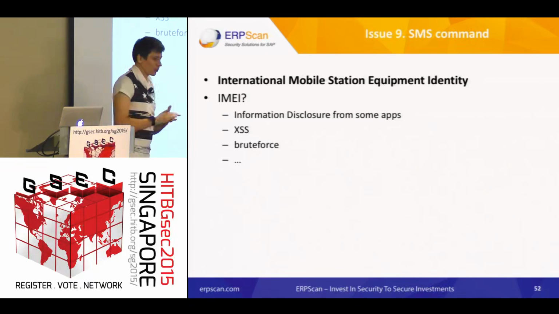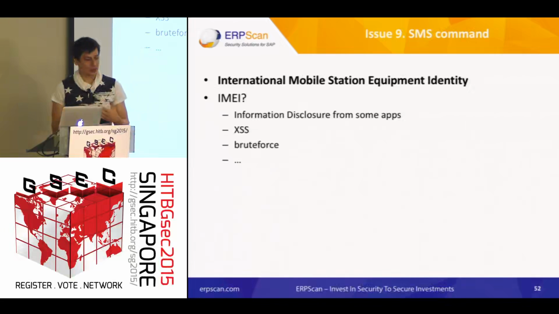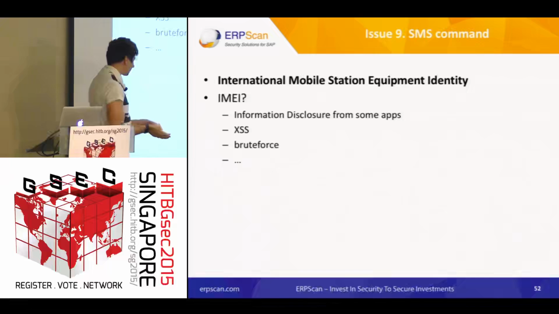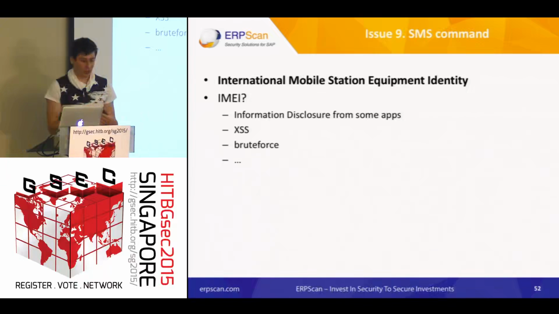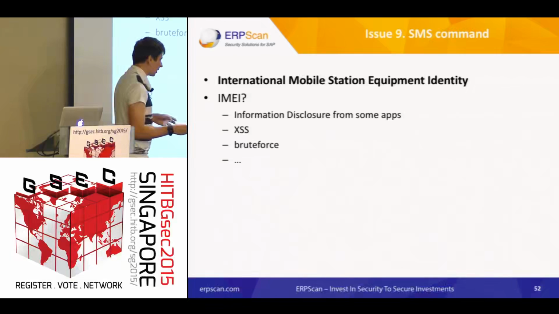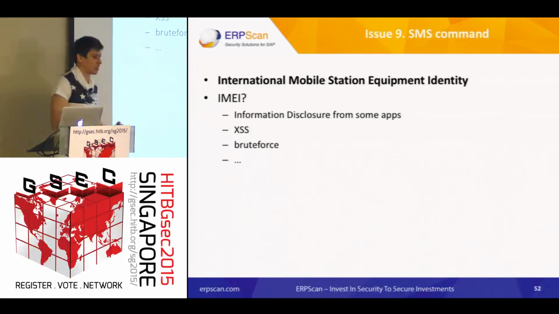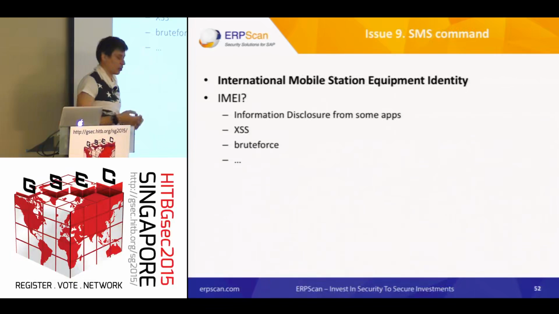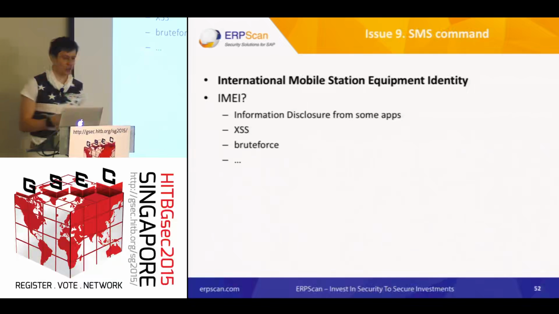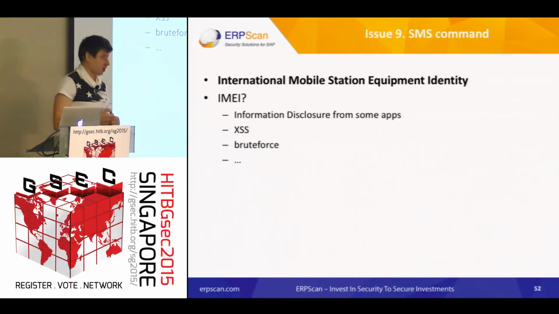The third way is brute force, because the IMEI of the phone is also predictable. It contains the serial number of the phone, part number, etc. So if a company buys a lot of phones for employees, and an attacker knows one IMEI, he can increase the value and try to brute force.